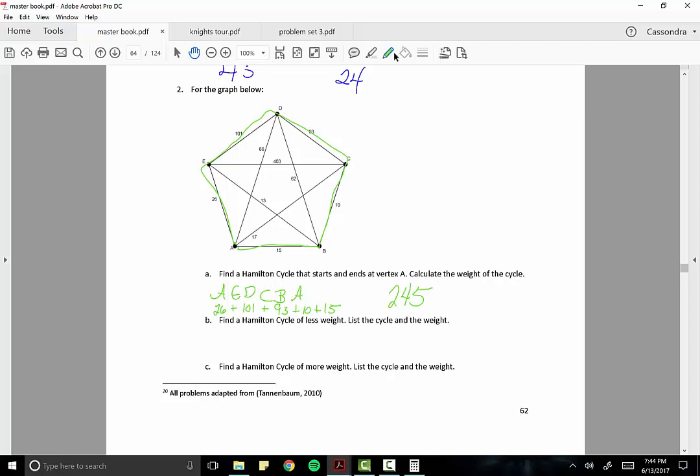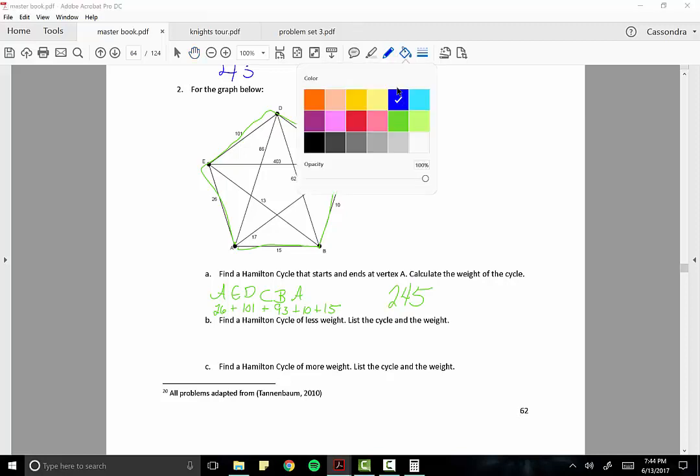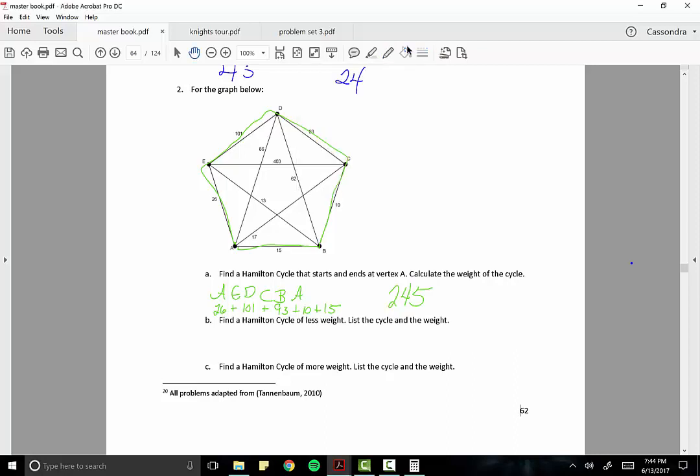So I want to find one that has a smaller amount to the edges than 245. Now, you may have found the cheapest one, the one of least weight already. So just find a different one if that's the case. I'm going to guess that edge 10 needs to be in there, and edge 13 needs to be in there.